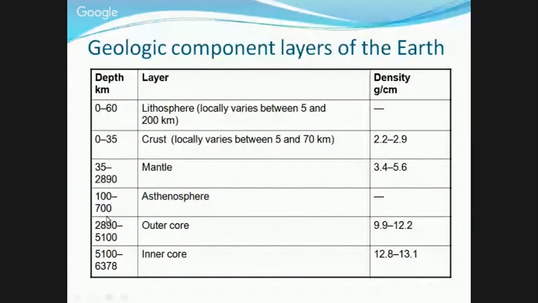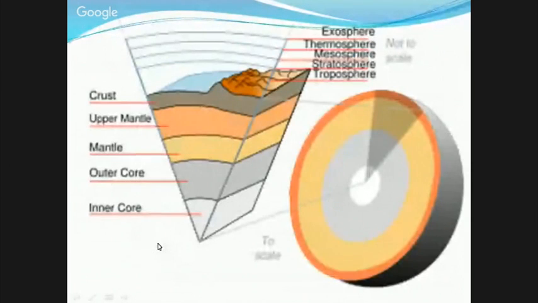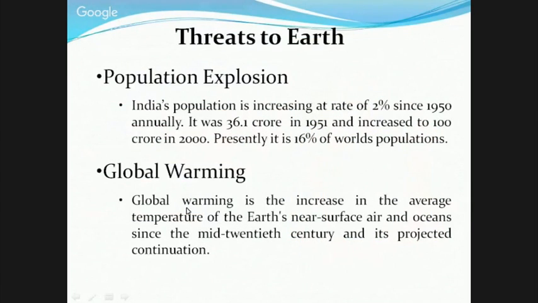Then you have 100 to 70, the asthenosphere, then you have the outer core, and here you have the inner core. So this is the upper layer, then you have the crust, the upper mantle, the outer core, and the inner core.